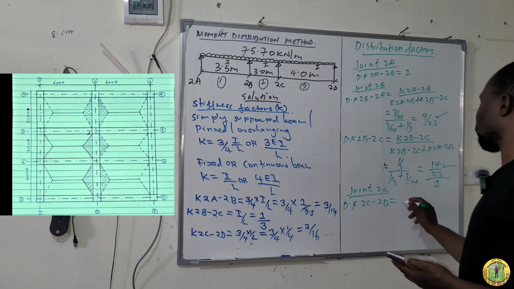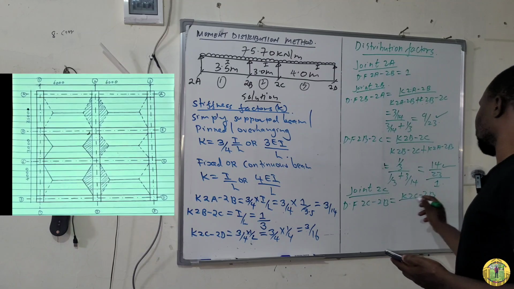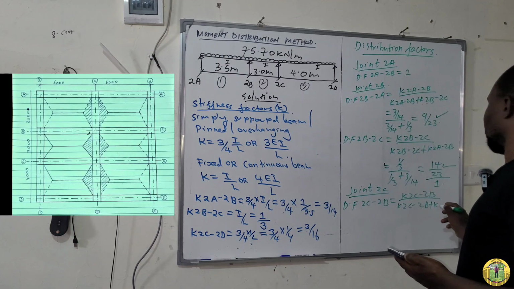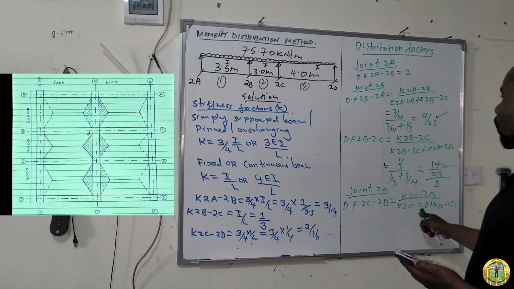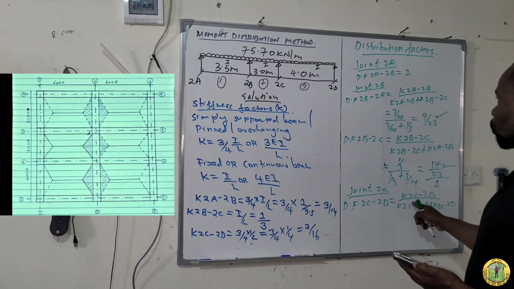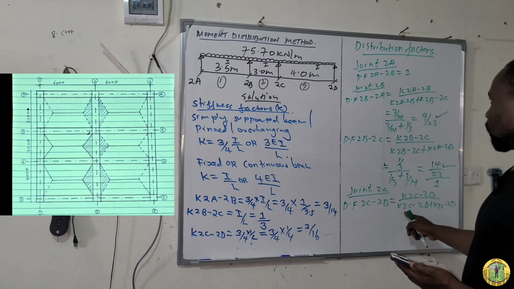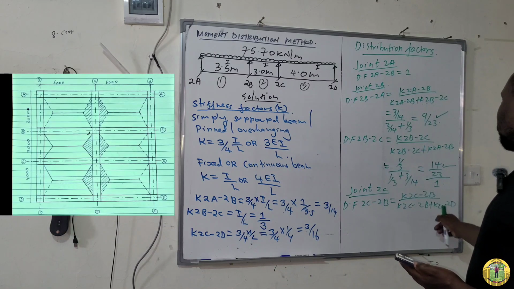So this one is equal to K 2C 2B over K 2C 2B plus K 2C 2D.